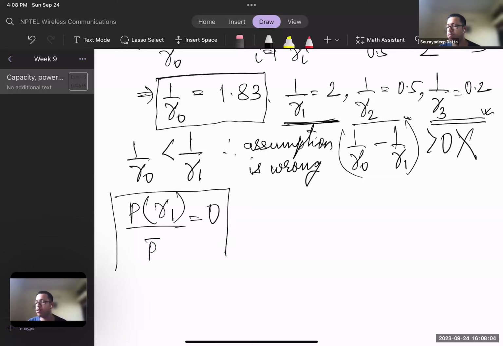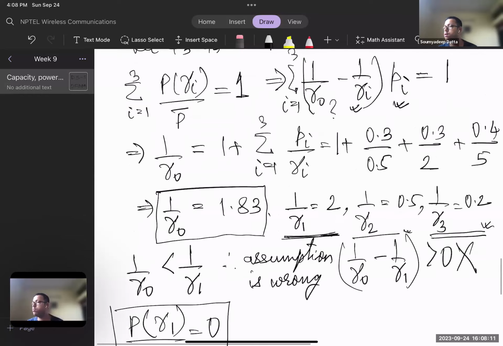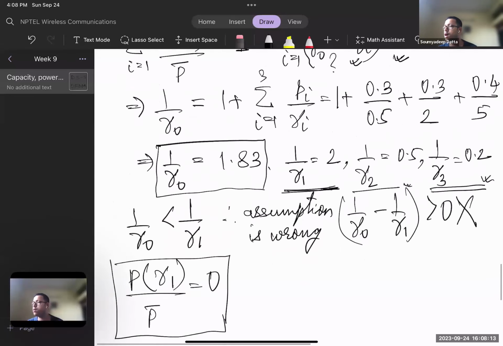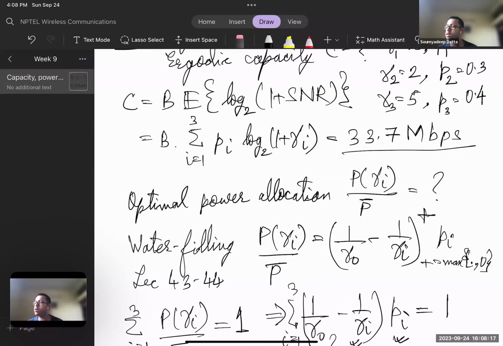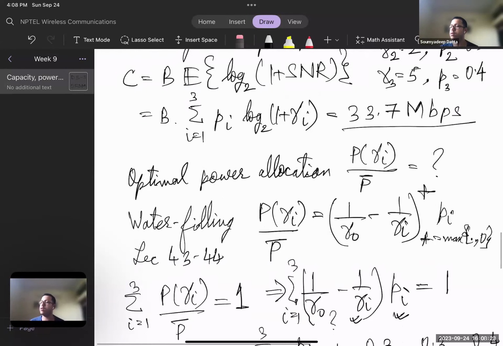So for one channel we have solved the problem: we cannot allocate any power to this, because my assumption is falsified, and so I'll have to assume that 0 holds, right? According to the water-filling algorithm, I'll have to assume that 0 holds, and so I don't allocate any power.